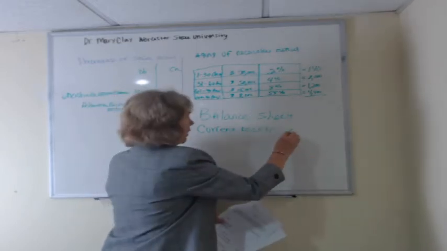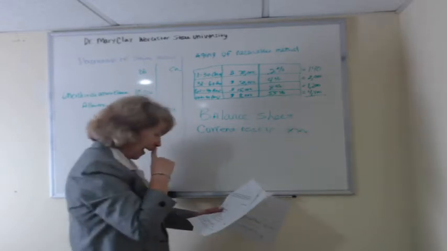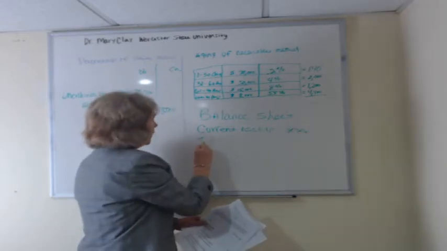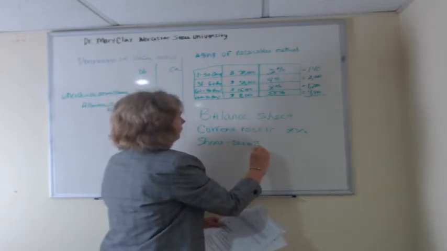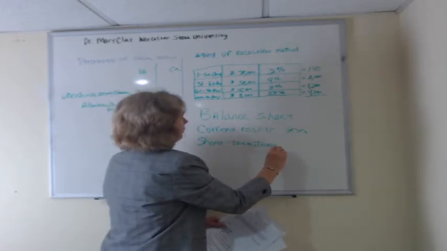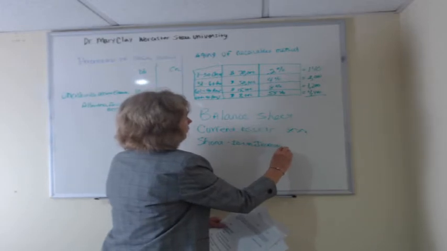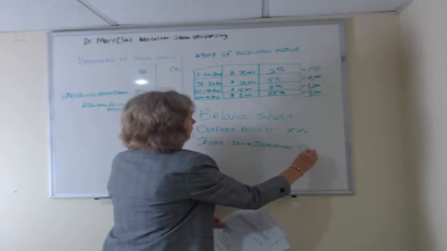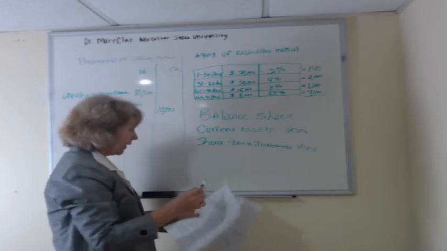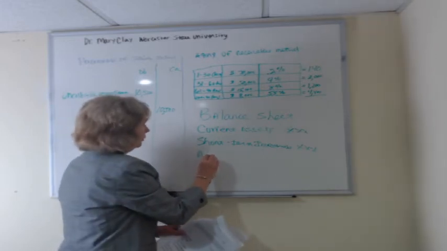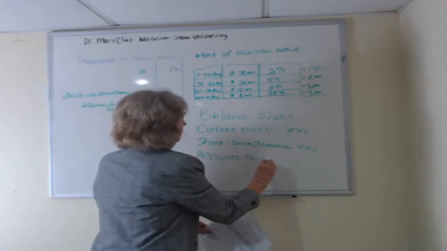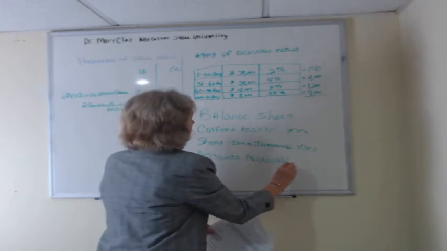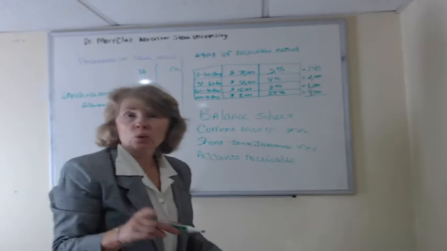And they have XX. Then they have short-term investments. And then they have accounts receivable. You can do this two ways.